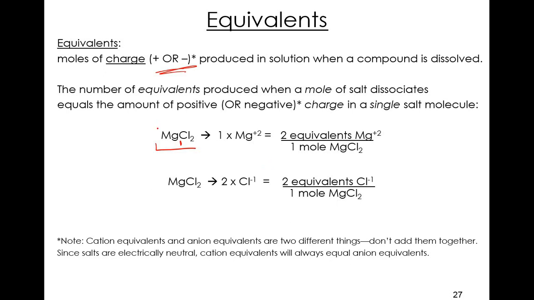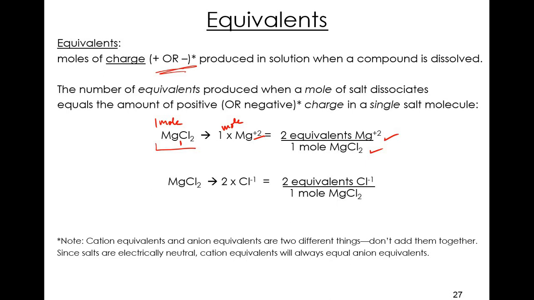This tells us that 1 mole of the salt will contain 1 mole of magnesium ion. But magnesium has a charge of +2 for each ion. So 1 mole of magnesium chloride actually contributes 2 equivalents of cationic charge from the magnesium.